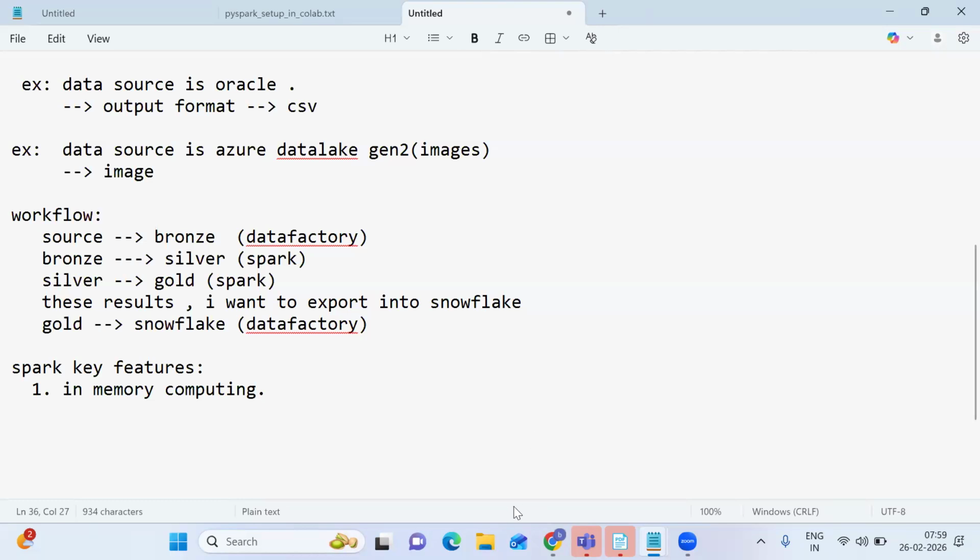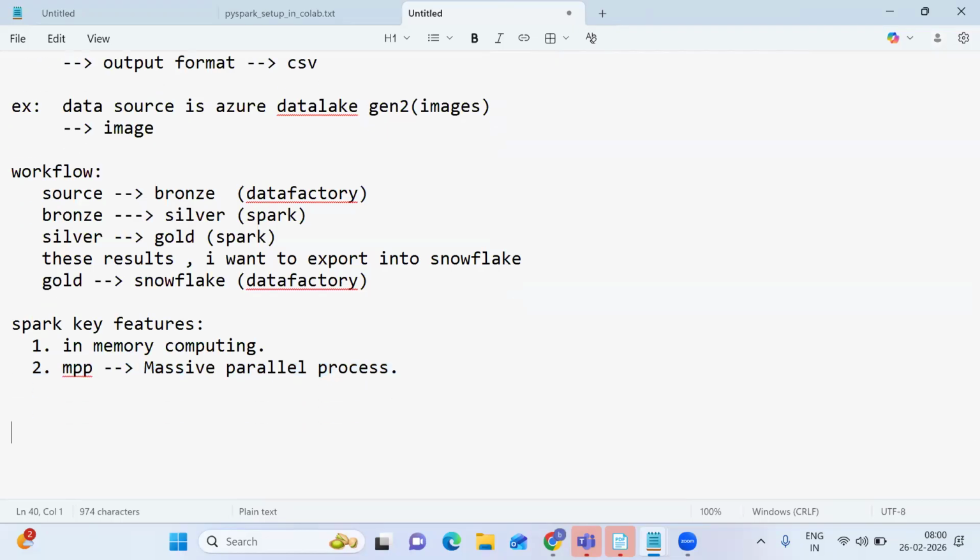Got it. And the second thing is MPP. What is MPP? Massive parallel process. Here, one particular thing we need to understand is PP versus MPP.